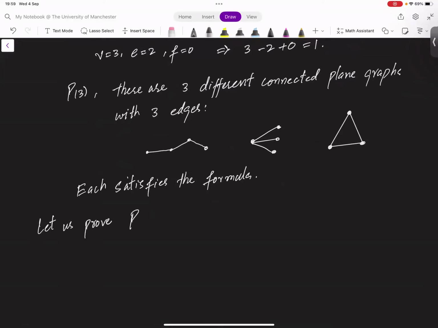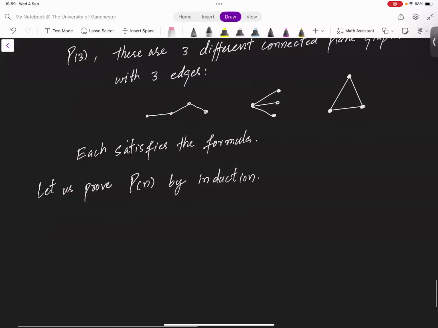P of n by induction. First, P of 1 is true, as observed above.